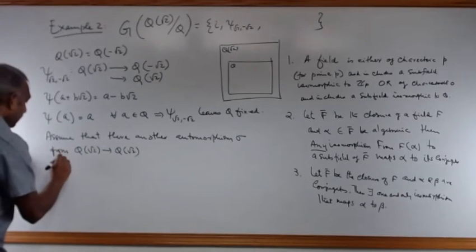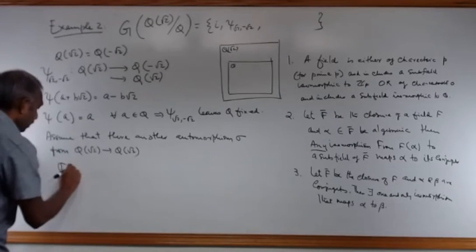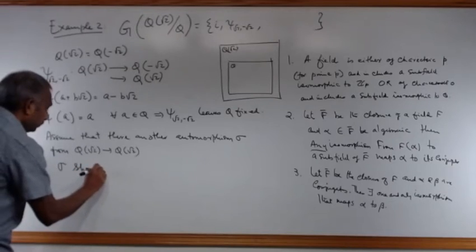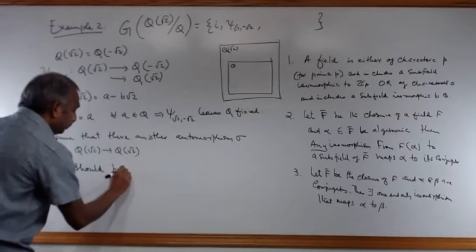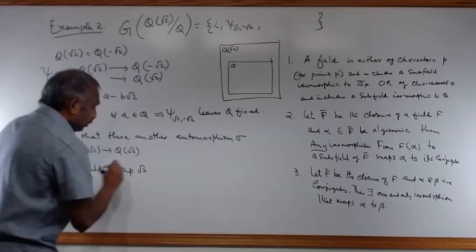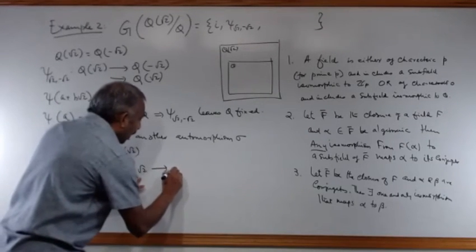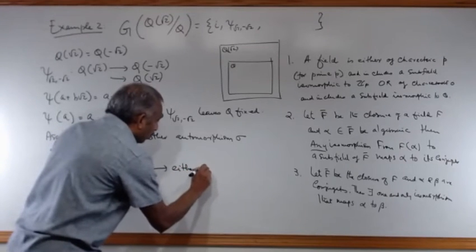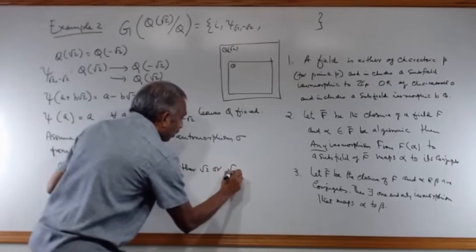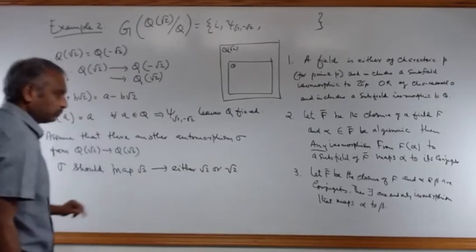So that means sigma should map root 2 to either root 2 or minus root 2.